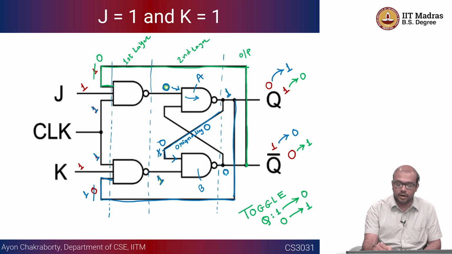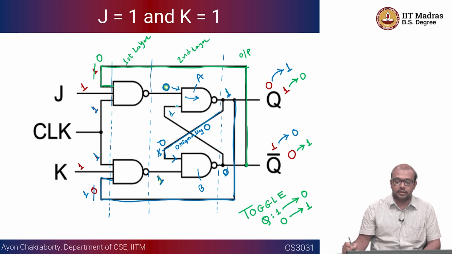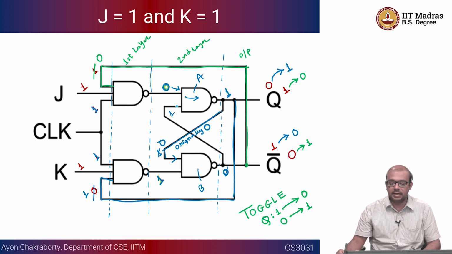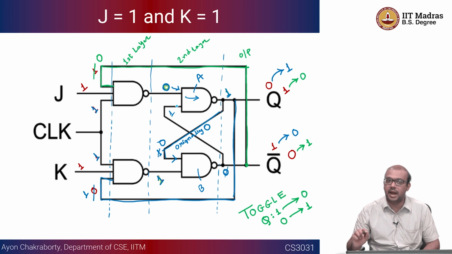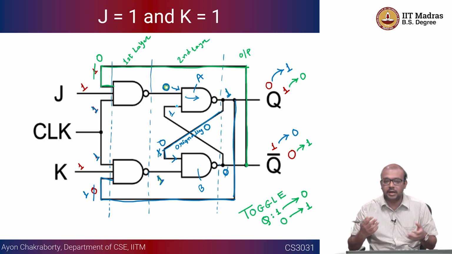And this was originally 1, so in that case, instead of 0, we will consider 1. So things may change, right? There is a little bit of uncertainty here, and this uncertainty is dependent on the speed of the individual NAND gates A and B. We do not know. I showed you a condition where A wins and B doesn't win, and accordingly it toggles. But it may happen the other way around also. B wins, or whoever wins in which cycle is not deterministic.